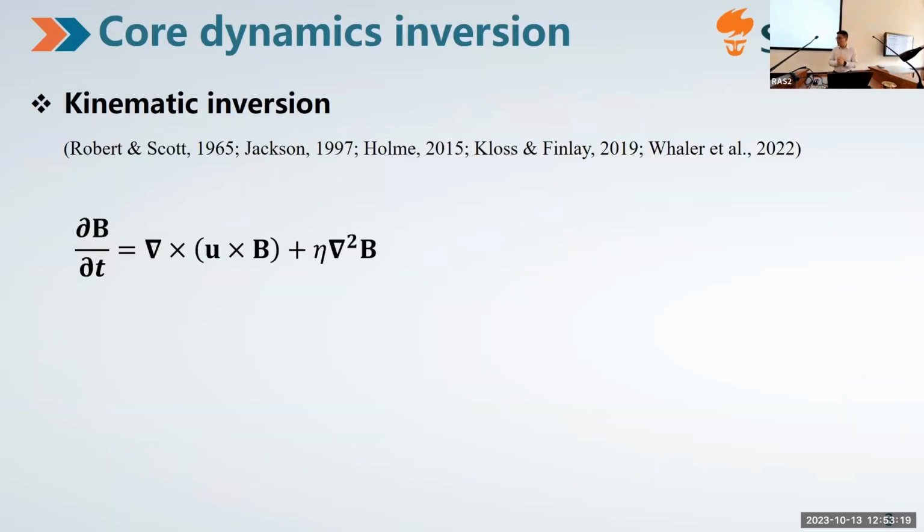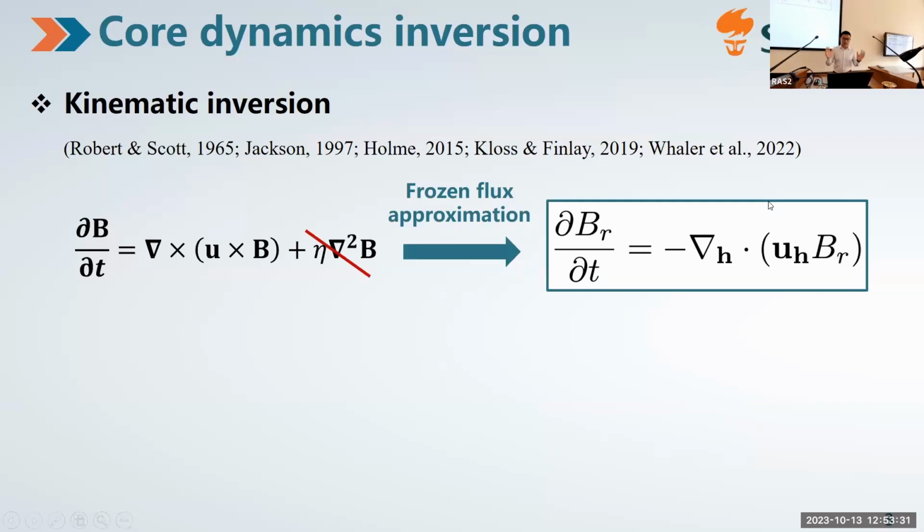Broadly speaking, there have been two approaches. The first I call the kinematic approach. This is simply based on the magnetic induction equation. If we can neglect the magnetic diffusion, which is the case for the Earth's core, we get the simple frozen-flux approximation.